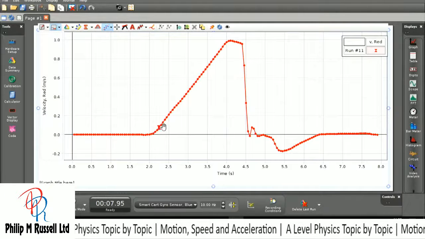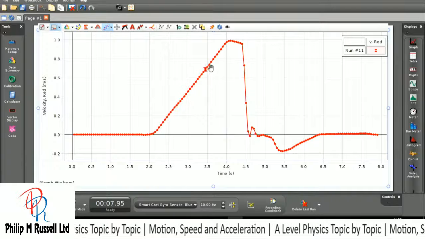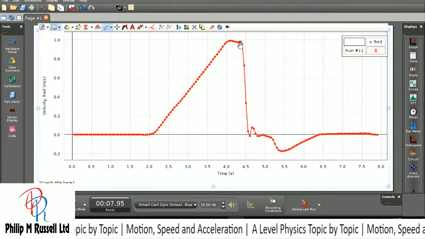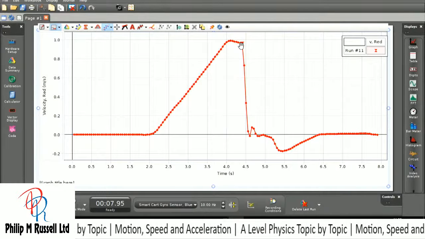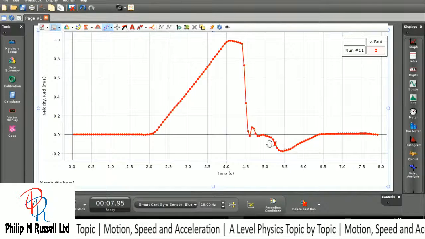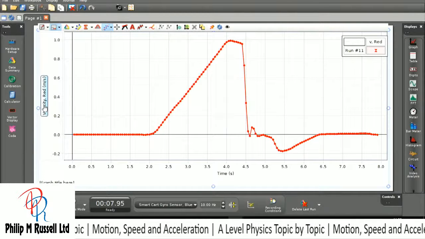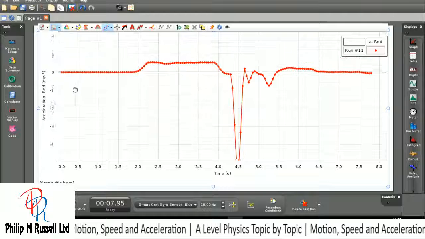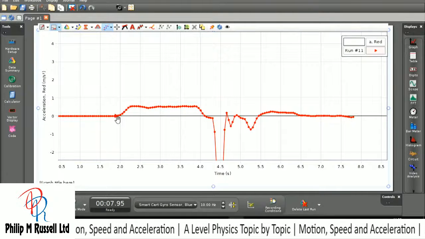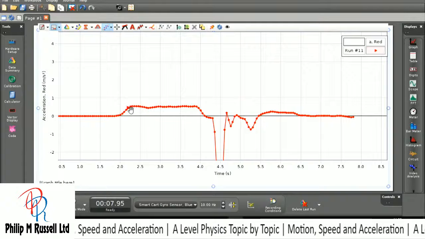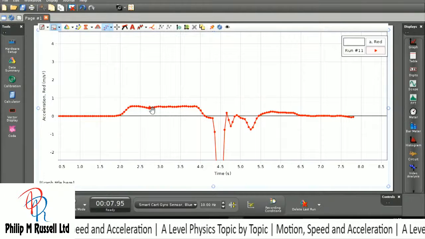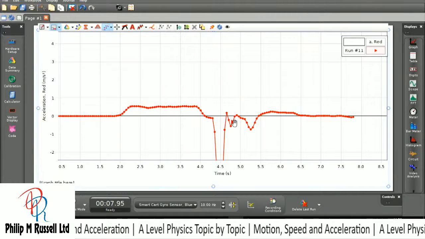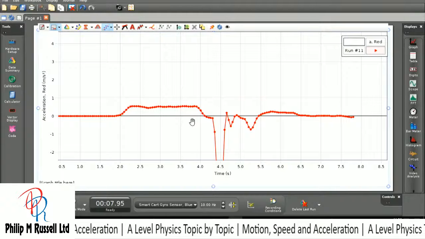And here we have our acceleration, and then it's starting to slow down, and then I stopped it and it bounced and did various other bits and pieces. Looking at our acceleration graph, we have a massive change in acceleration, then a more or less constant acceleration, and then that stopped, and then all sorts of peculiar things happened because it reached the end.